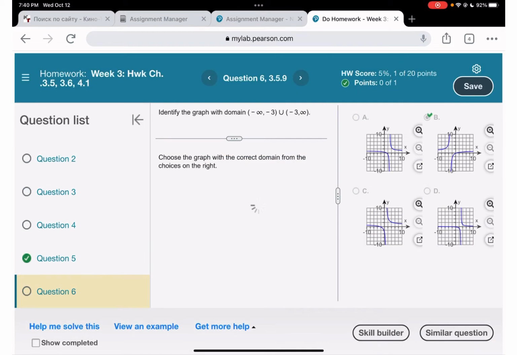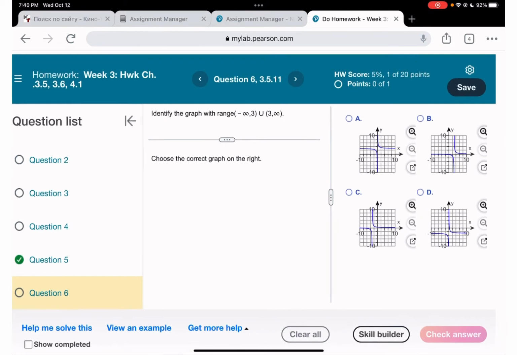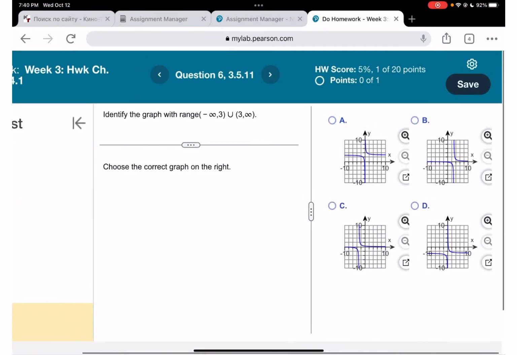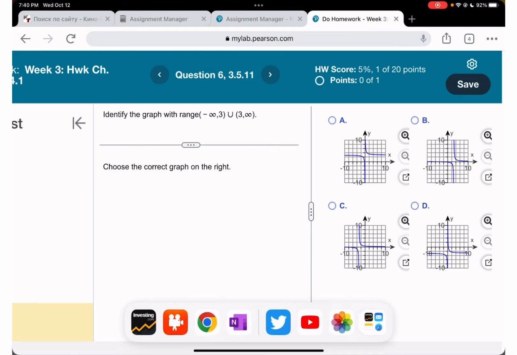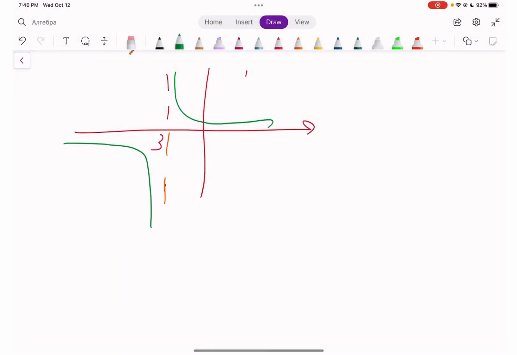Okay, this one. All right, moving to question number 6. So we have negative infinity, positive 3, positive 3. This time it's not domain, it's range. Domain is looking at the graph horizontally. Range runs vertically.